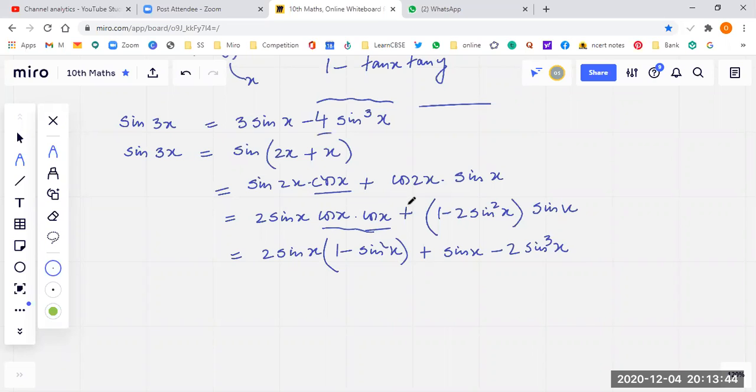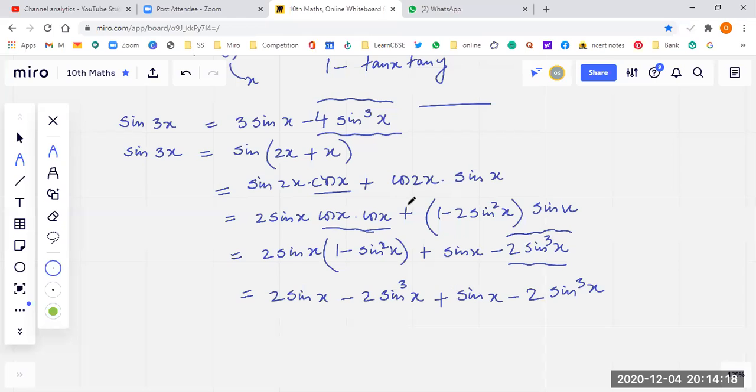So I don't want to miss an opportunity. Wherever I get a cube, I want to get one more cube. So that cube I'll get from multiplying sine x by sine square x. Well, this is equal to 2 sine x minus 2 sine x into sine square x, which is 2 sine cube x, plus sine x minus 2 sine cube x.